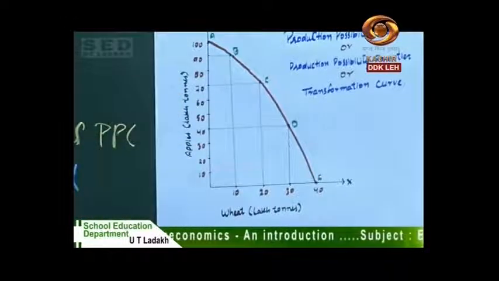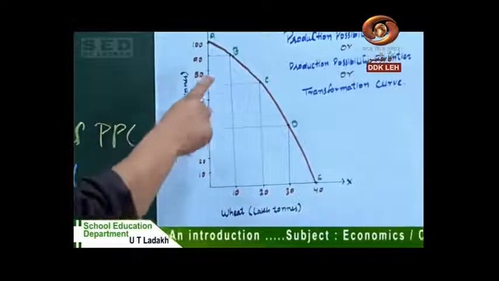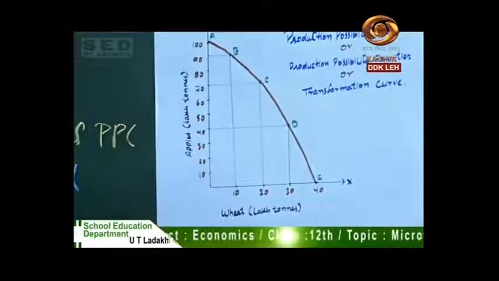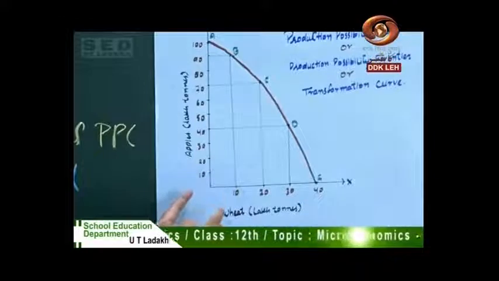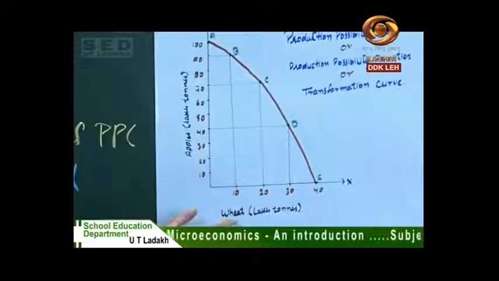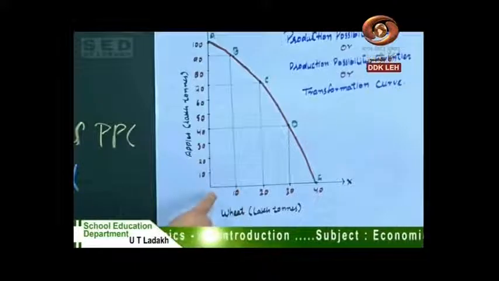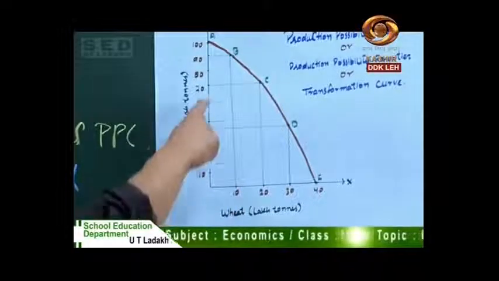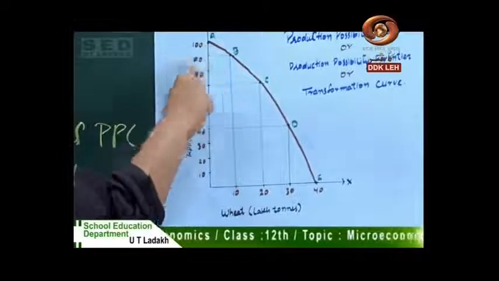Here you see, when the production of apple is 100, the production of wheat is 0. So when you increase the production of wheat from 0 to 10 lakh tons, the production of apple reduces from 100 to 90.